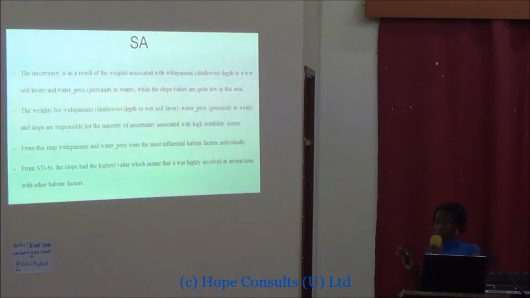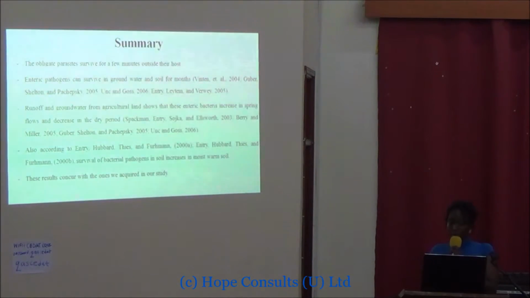But if it's on its own, it can't contribute a lot to the survival of this bacteria. So in summary, I compared my results with the studies that have been carried out on this bacteria, and all the studies confirm that moist, warm soil contributes to the survival of the bacteria, which proves my results.